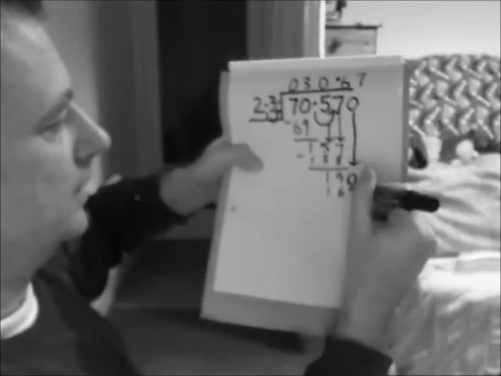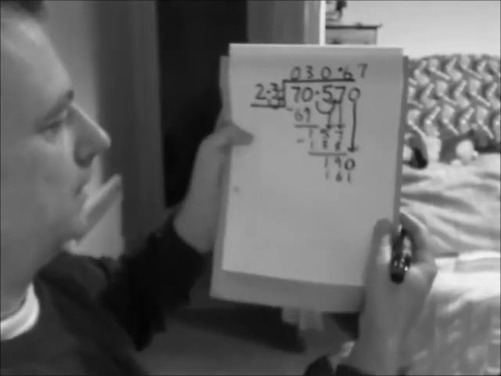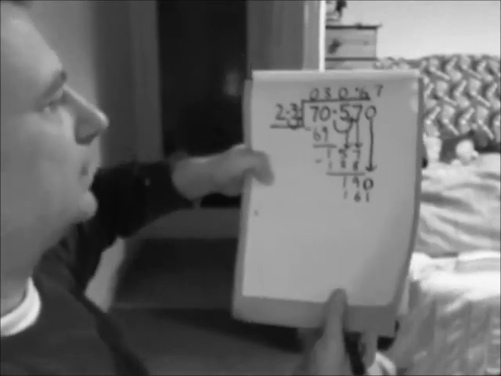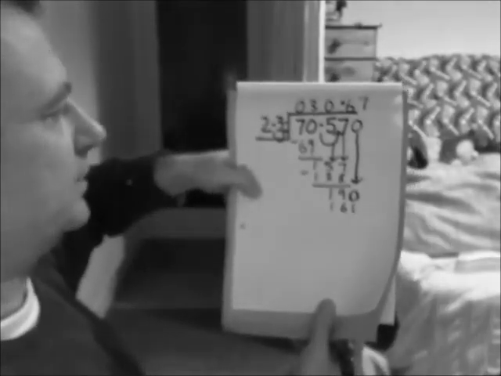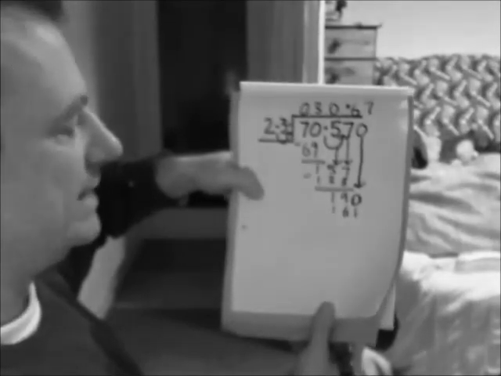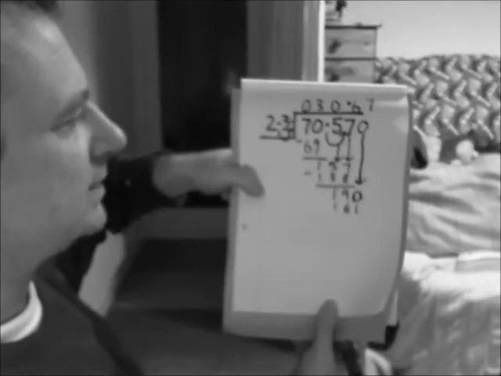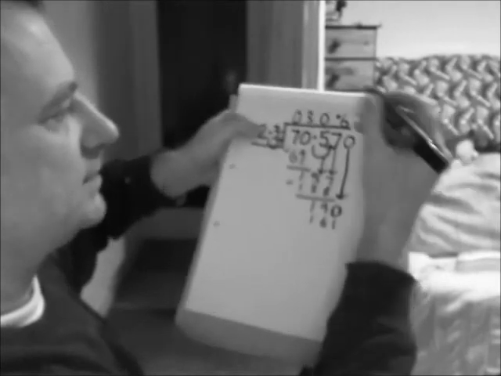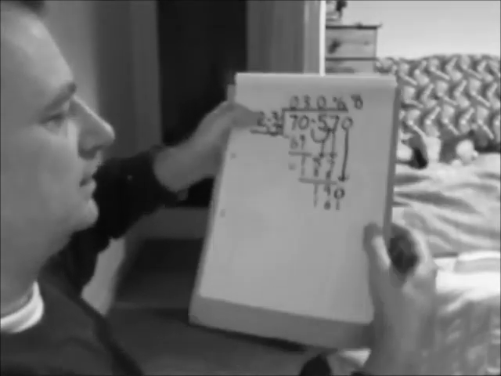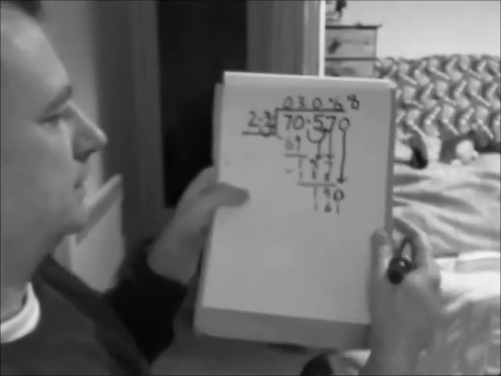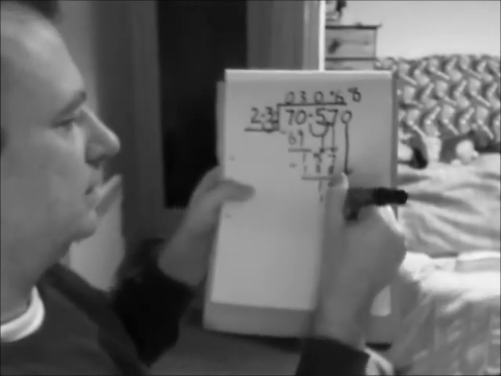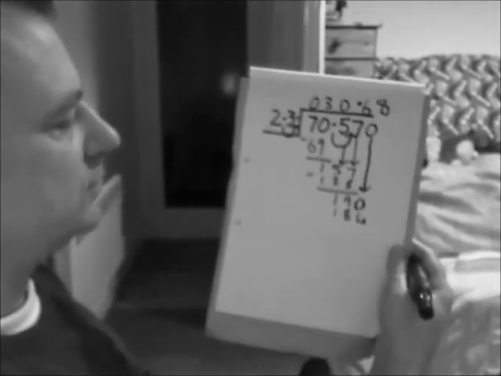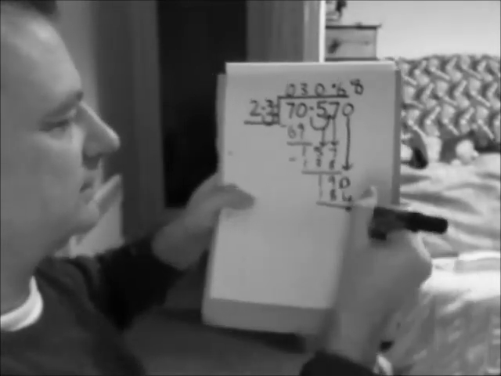Well, that can't be right, can it? Alright, let's try 8 times 23. 8 times 20 is 160. 8 times 3 is 24. 184, yes. You see, it is easy to make that mistake there. It's actually 8. So it's 184, and that's going to leave us there with 6.